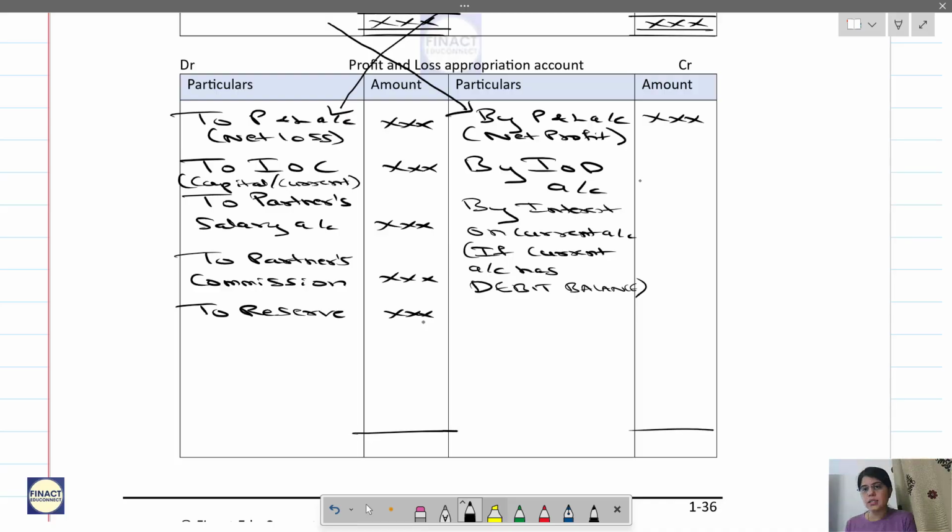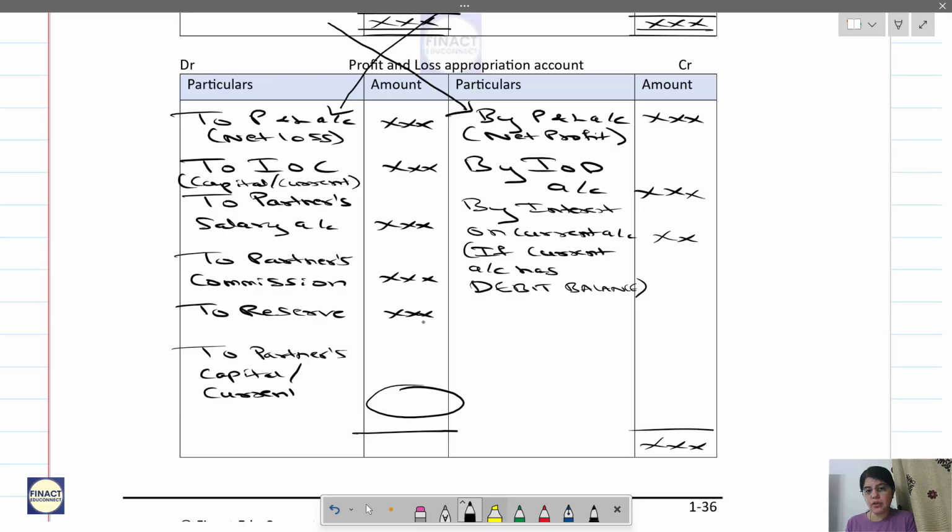Once this is done, you take a total of everything, and then whatever is the balance profit over here, we will be distributing it to the partners, to partners' capital or current account. If it is a fixed capital method, then current account. If it is a floating capital method, then capital account. So the remaining balance profit, we will distribute in their profit sharing ratio.